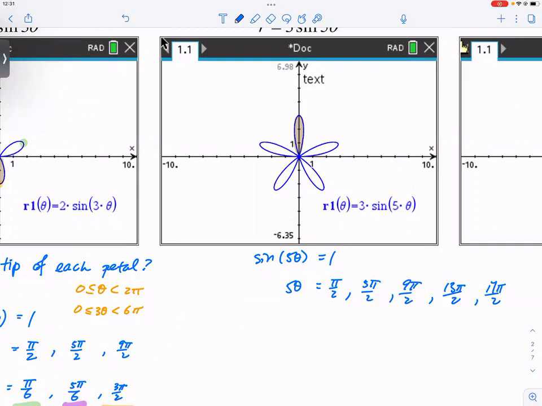Okay? So far, so good? Well, what's theta? It will be pi over 10, pi over 2 because they cancel each other, 9 pi over 10, 13 pi over 10, and 17 pi over 10.